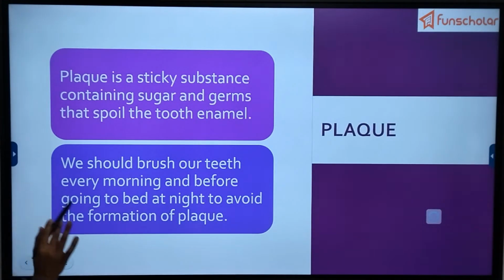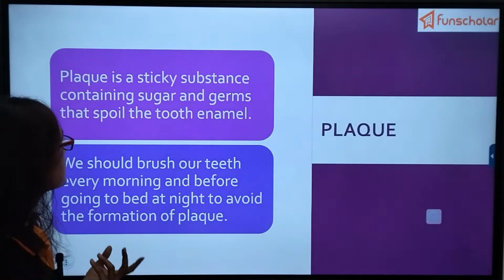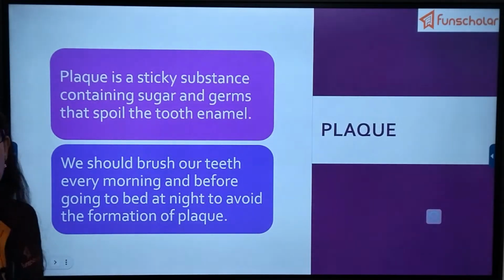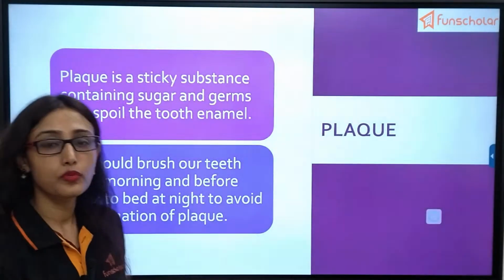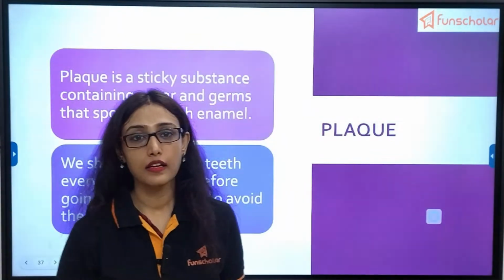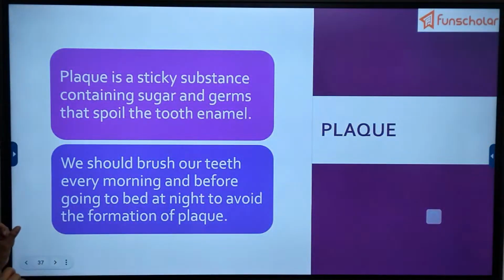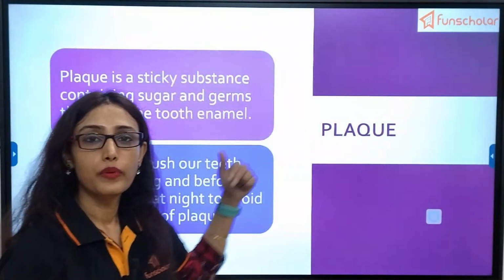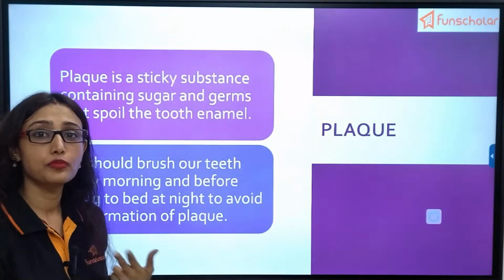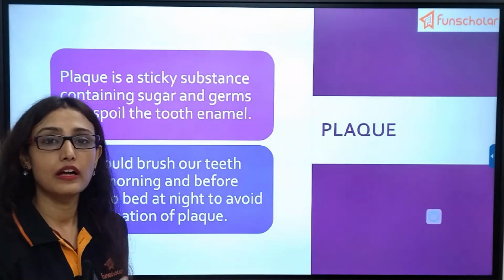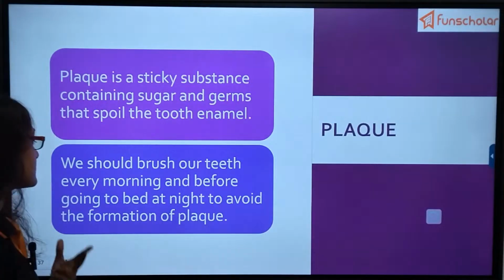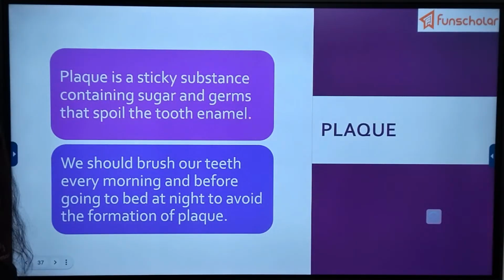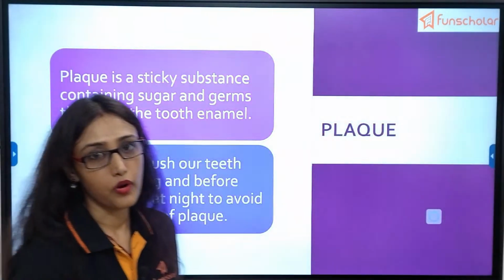Okay, now plaque. I have already told you, it is a sticky substance that is formed due to consumption of too many sugary products, and it affects your enamel. So what can we do to avoid this plaque? We have to brush our teeth regularly, minimum twice, before going to bed and also in the morning.